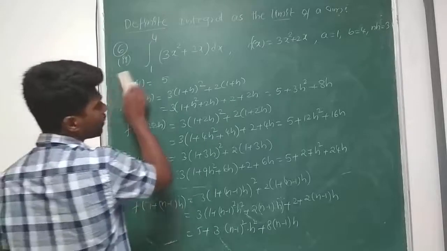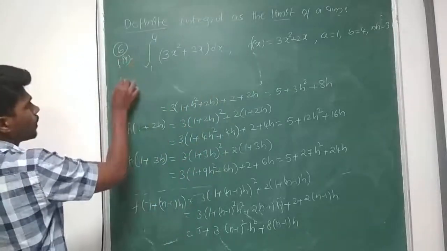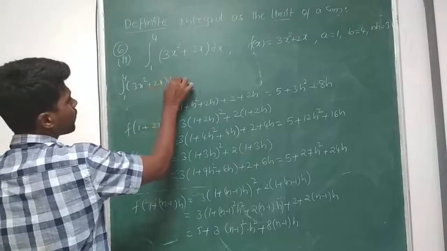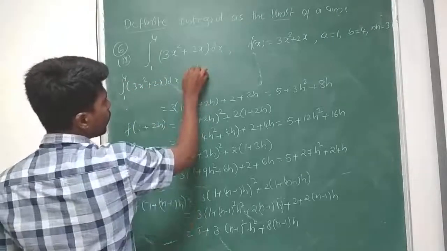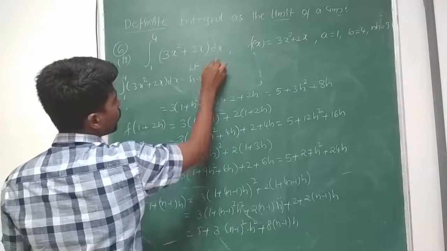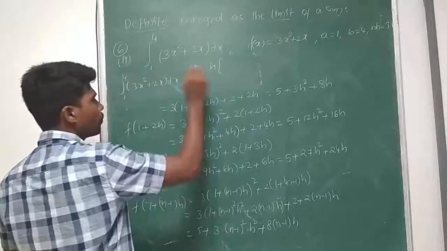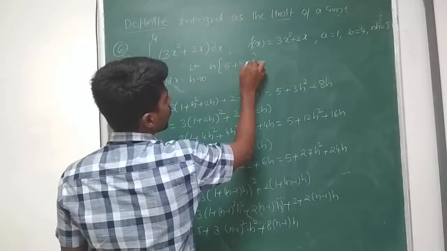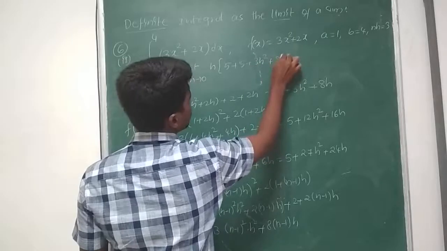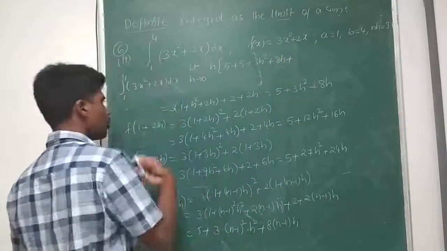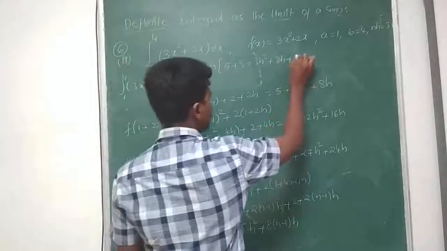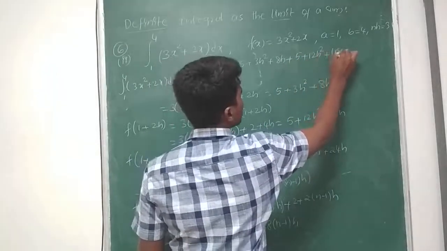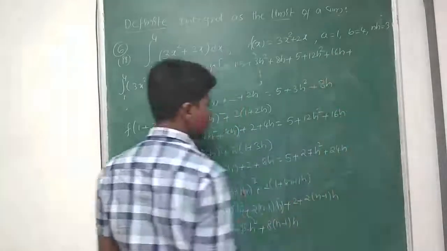f of 1 is 5. Integral 1 to 4 of 3x squared plus 2x dx is equal to limit h tending to 0 of h into [f of 1, which is 5, f of 1 plus h, which is 5 plus 3h squared plus 8h, f of 1 plus 2h, 5 plus 12h squared plus 16h, plus and so on.